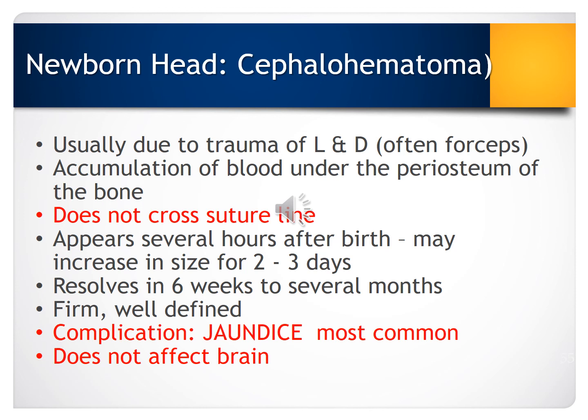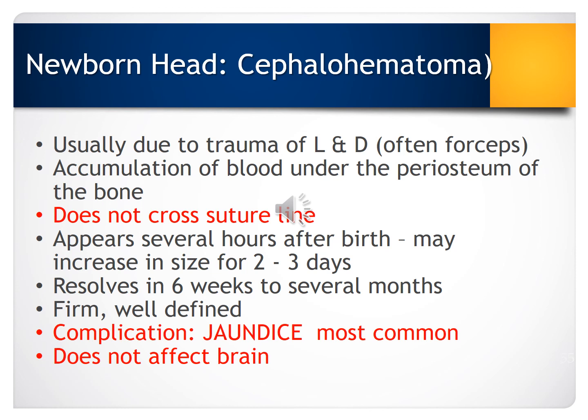This occurs because the newborn already has an increased amount of red blood cells, and the immature liver is not able to keep up with conjugating bilirubin, which is a byproduct of red blood cells. If we have more blood collecting in this area because of a cephalohematoma, now we have even more red blood cells that will be broken down, and more bilirubin that will be unconjugated. So cephalohematomas put babies at risk for jaundice.